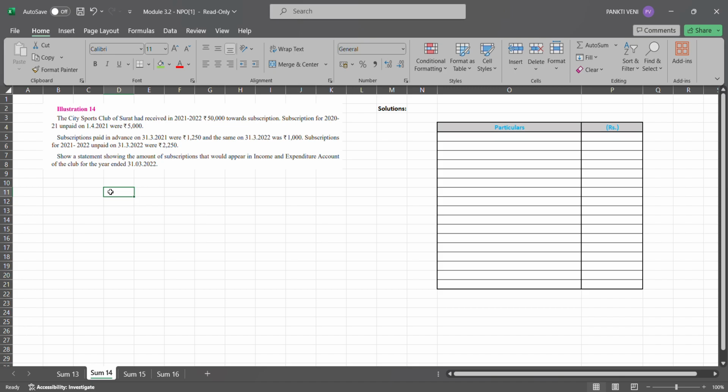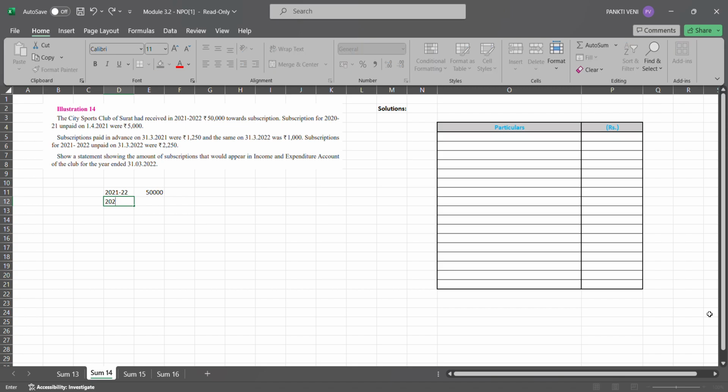City Sports Club of Surat had received in 21-22 rupees 50,000 towards subscription. So City Sports Club received 50,000 towards subscription in 21-22. Then the subscription for 2020-21 unpaid on 1st April 2021 was 5,000.